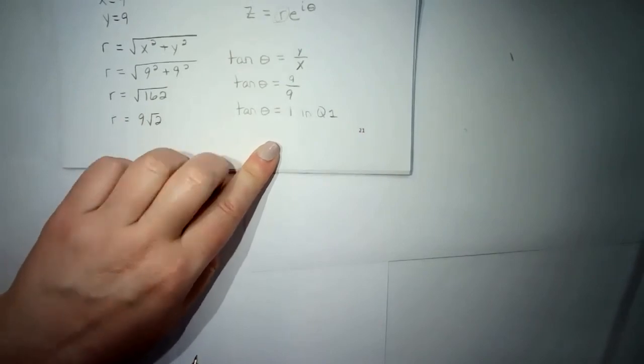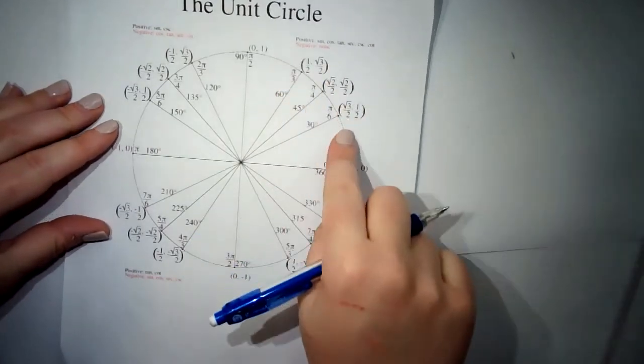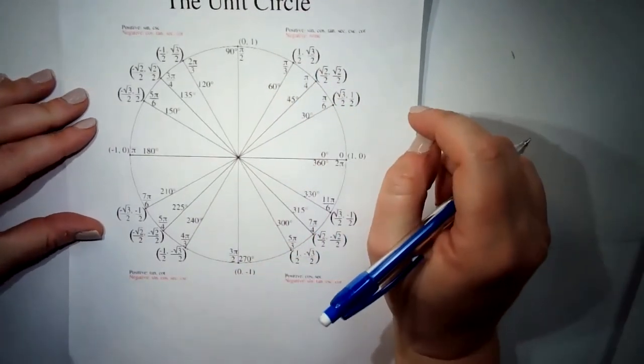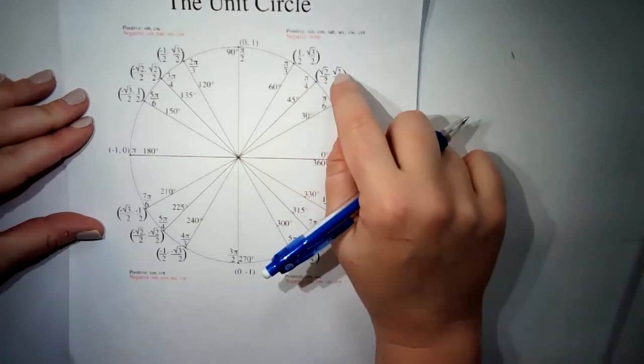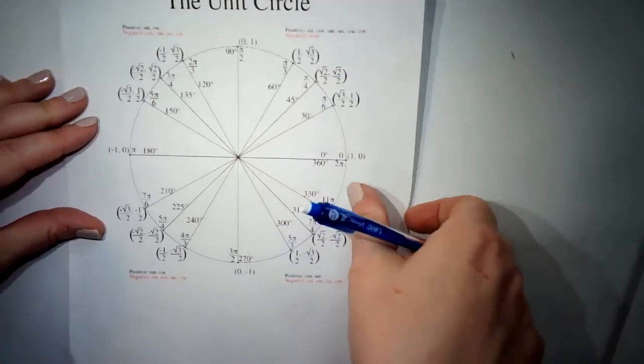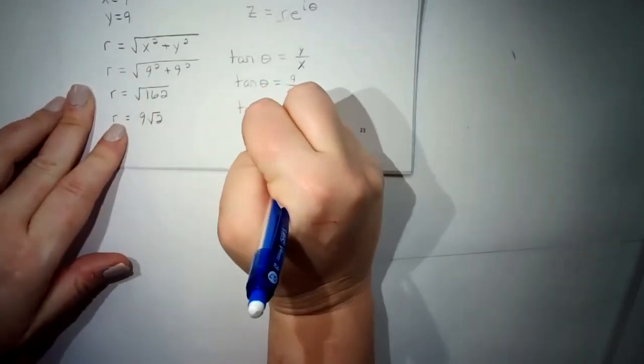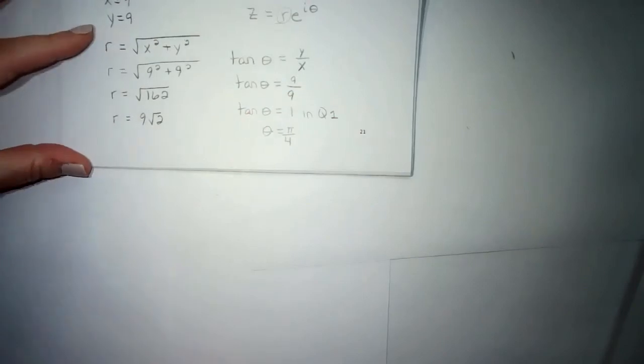The quadrant your point is in is going to give you your theta. So if I stay in quadrant 1, what is my theta going to be? Pi over 4, because y over x gives me 1. So my theta is going to have to be pi over 4.